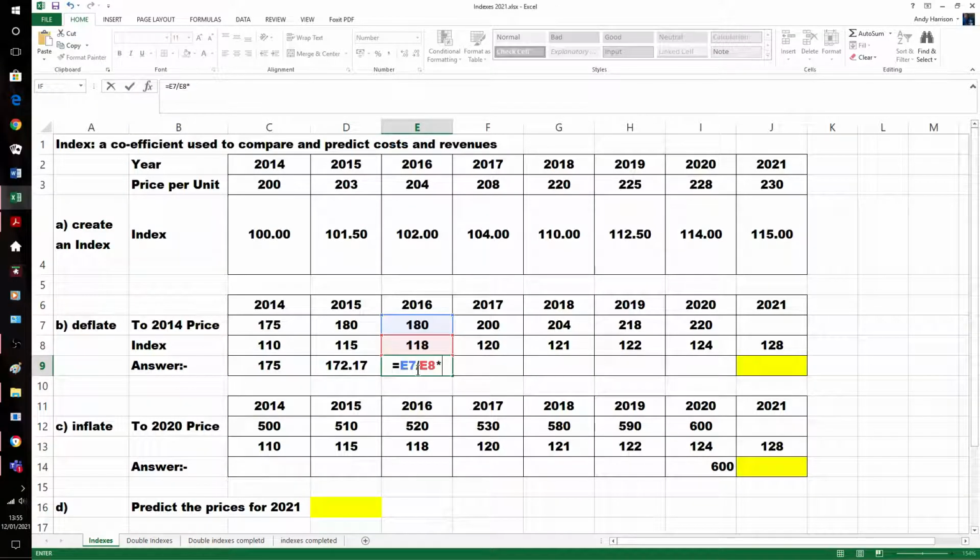Times, we're still basing it on 2014, 167.80, which is what we're expecting. Same price, inflation had gone up. So if we put in, so the constant is the C8 here, we're moving along with the others.